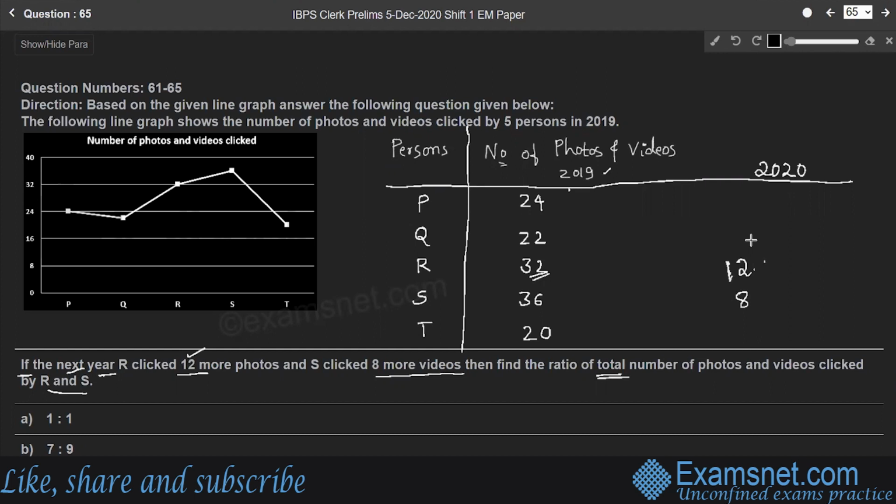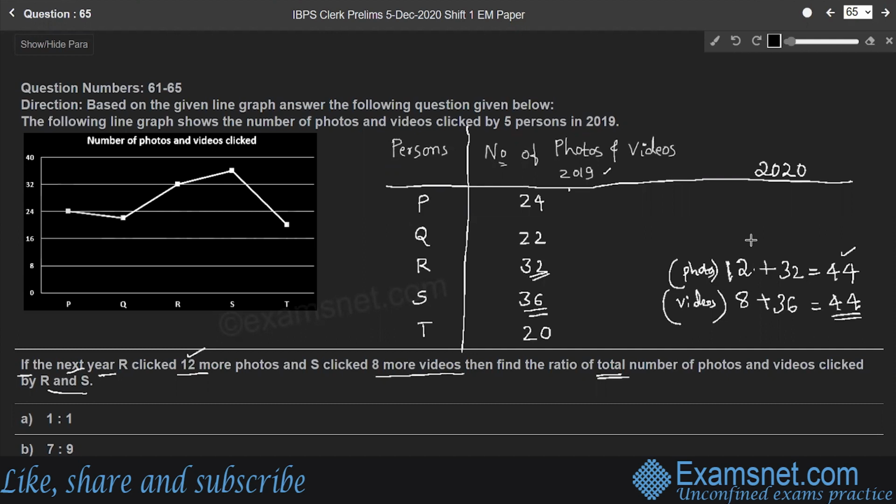So the number of photos and videos together becomes 12 plus 32. Though 12 is of photos and 8 is of videos, we are taking the total number of photos and videos together in each case, right? So S has clicked 36 plus 8, which is 44 photos and videos together.